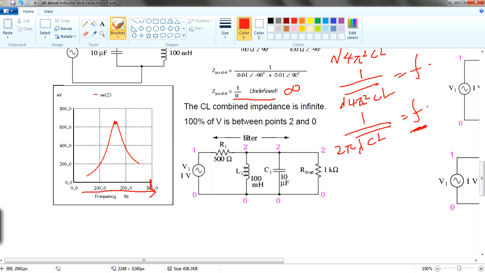As for high frequency, they work differently. The inductor itself works as a high pass filter. So if the frequency is high, it acts as a high pass filter.